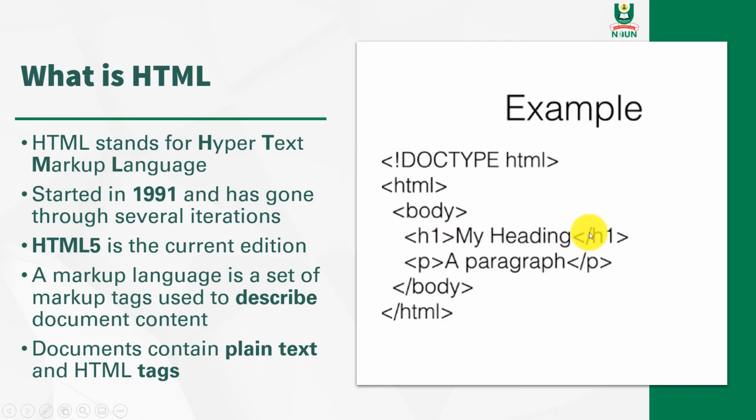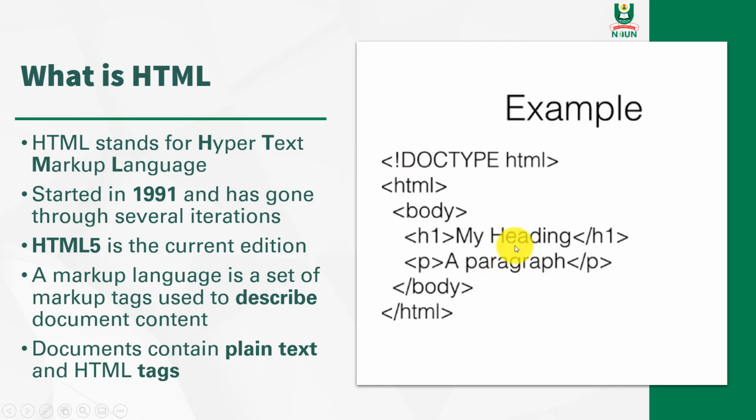Then at the end of your text, you have another tag, still called H1, but with a slash. This is the closing tag. So a markup language is a set of markup tags used to describe a document. You can see in this particular example, there are several markup tags describing this document.